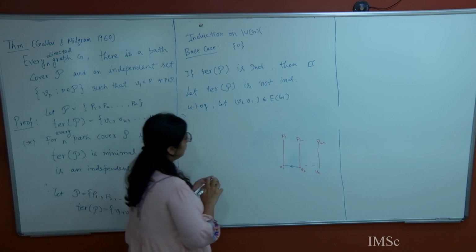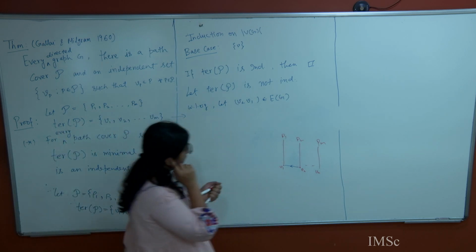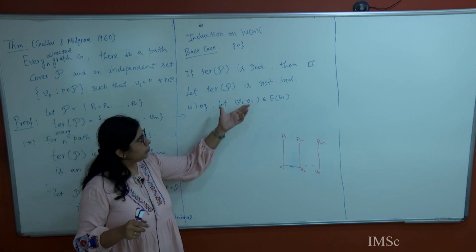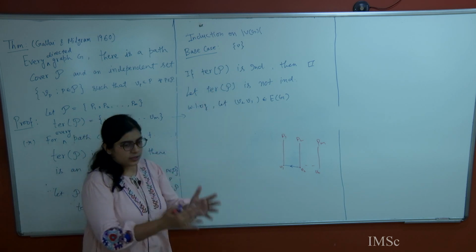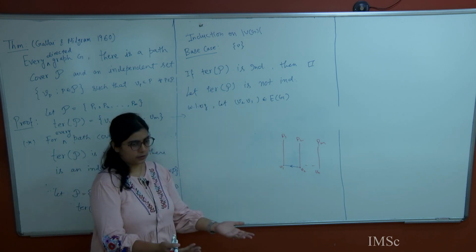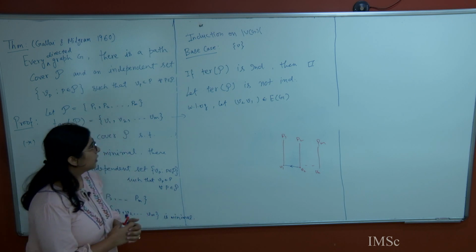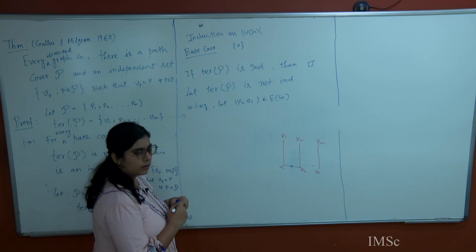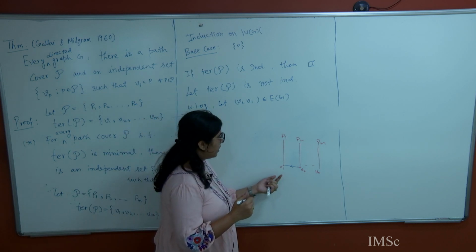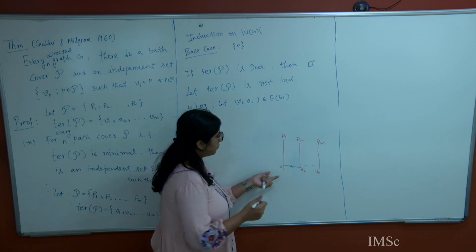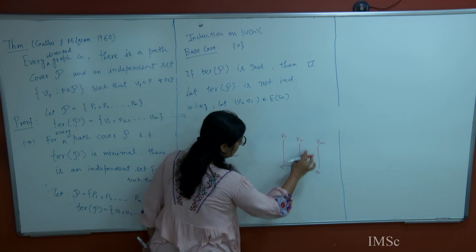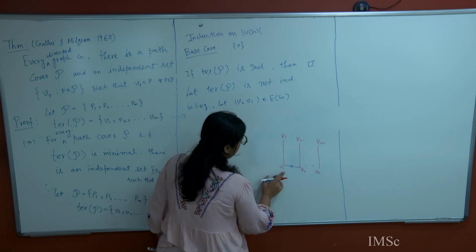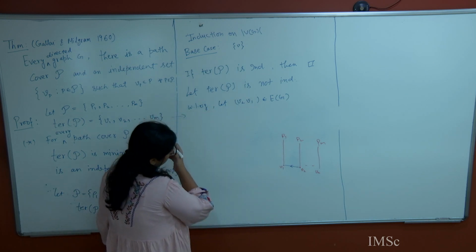Now what do we want to do? We want to prove this by induction. So somehow we want to reduce the size of the graph so that we can use the induction hypothesis. Okay. So what will we do here? You see that P2, V2, V1 is another path.